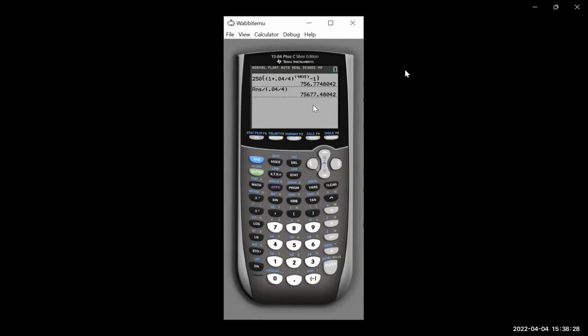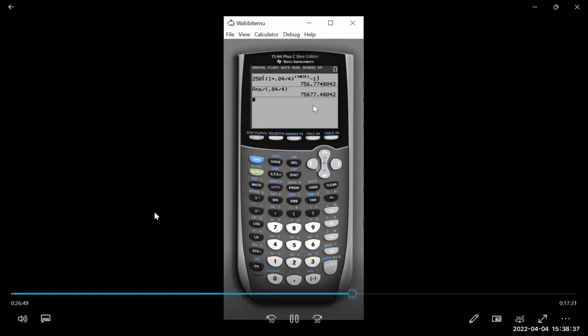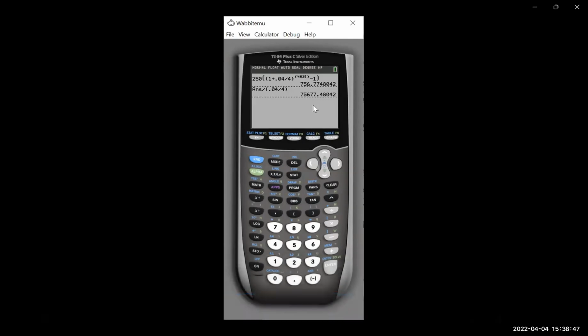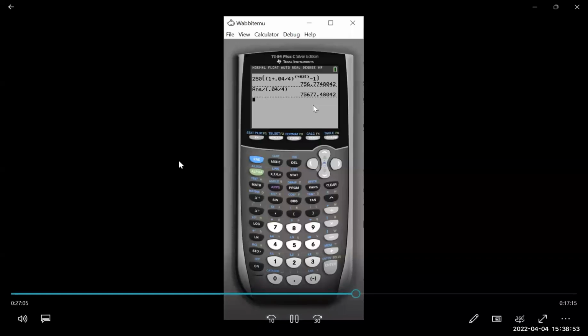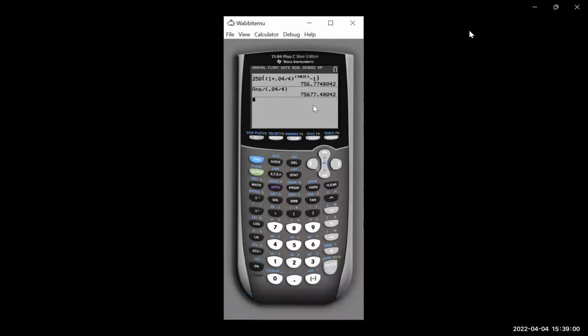Exponent 4 times 35, parentheses, close parenthesis, minus 1, and then you give me 756,774. Okay, I got that. You got it?